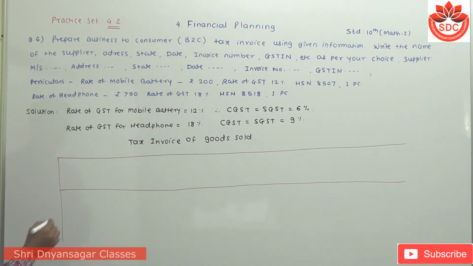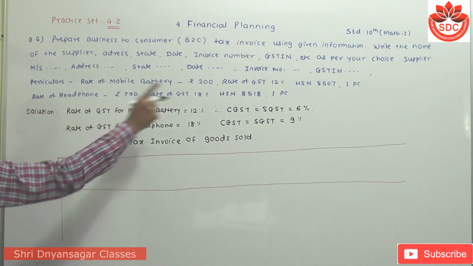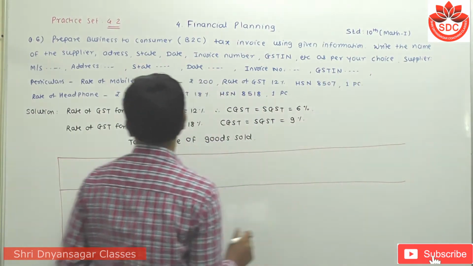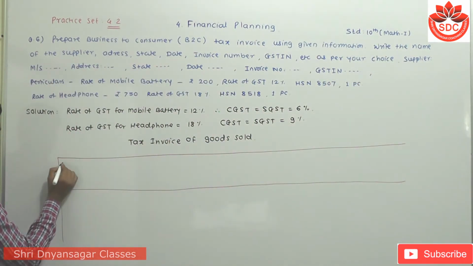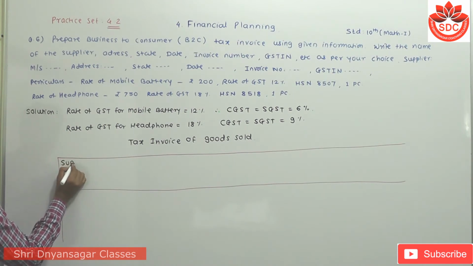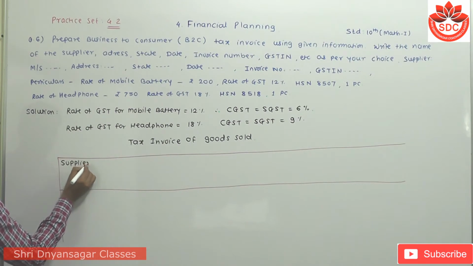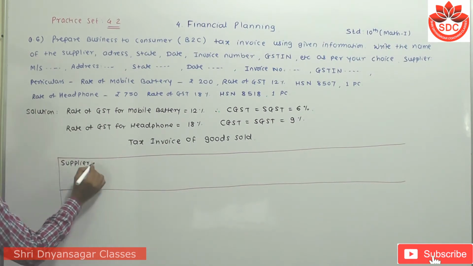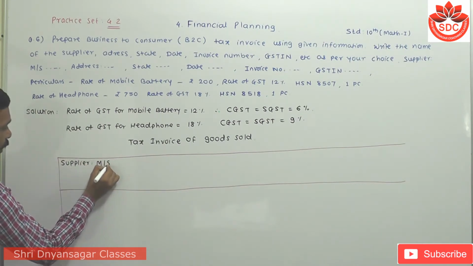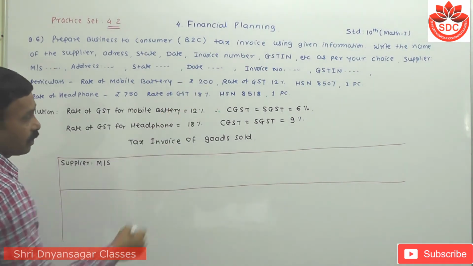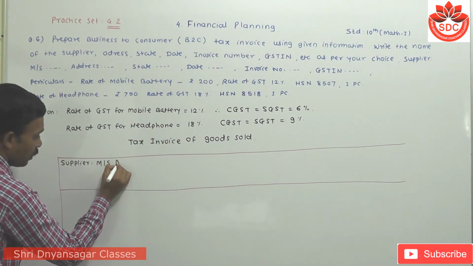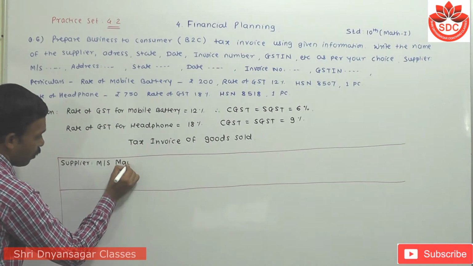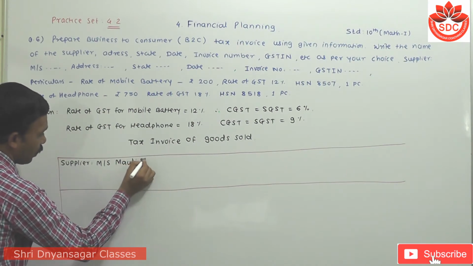Now students, here we write the supplier. The first one is supplier. You can write any name as per your choice. Suppose I have taken Mauli Electronics.